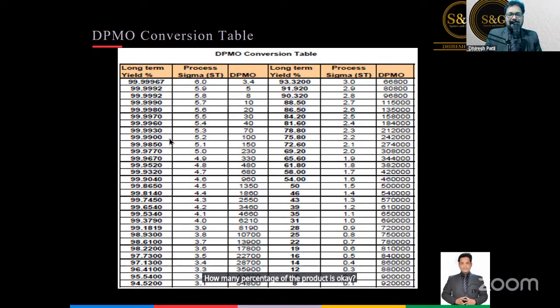So this is available in the define phase process capability analysis. Let me just give you an Excel sheet and that will make your life much easier. Let me just drop an Excel sheet over here, which is the DPMO calculation.